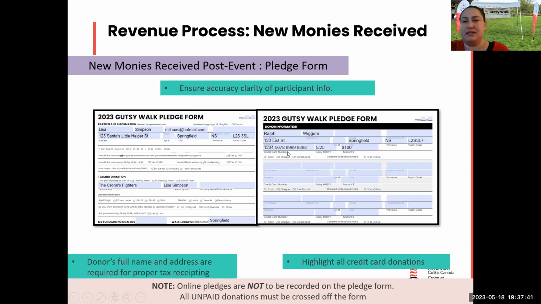If there's any credit card donation, you need to highlight it. If anything is unpaid or online, you should just cross it off, because online donations shouldn't be listed on the pledge form. And if anything is unpaid, unless they are willing to provide their credit cards, it should be removed from the pledge form.